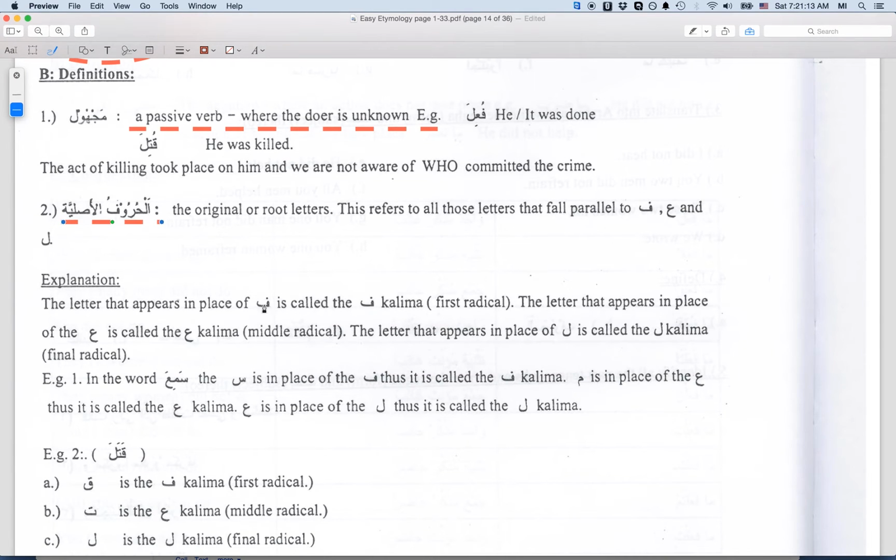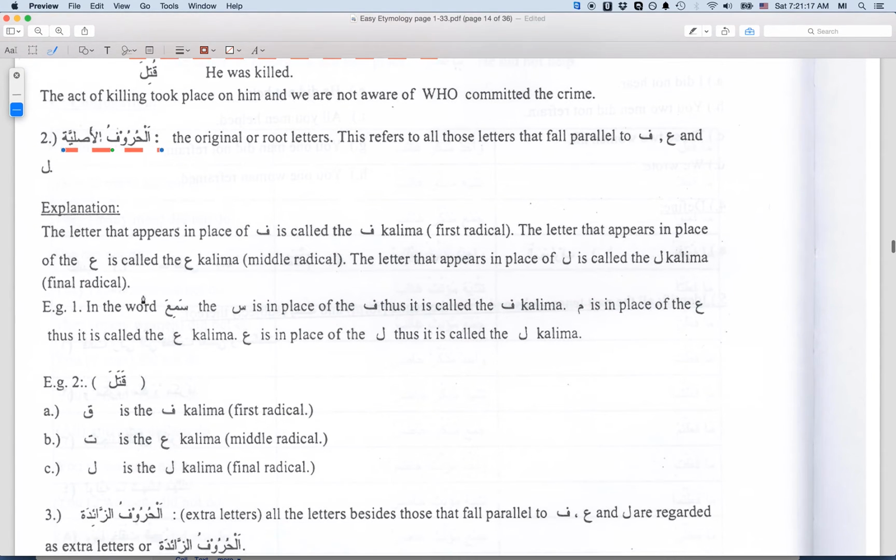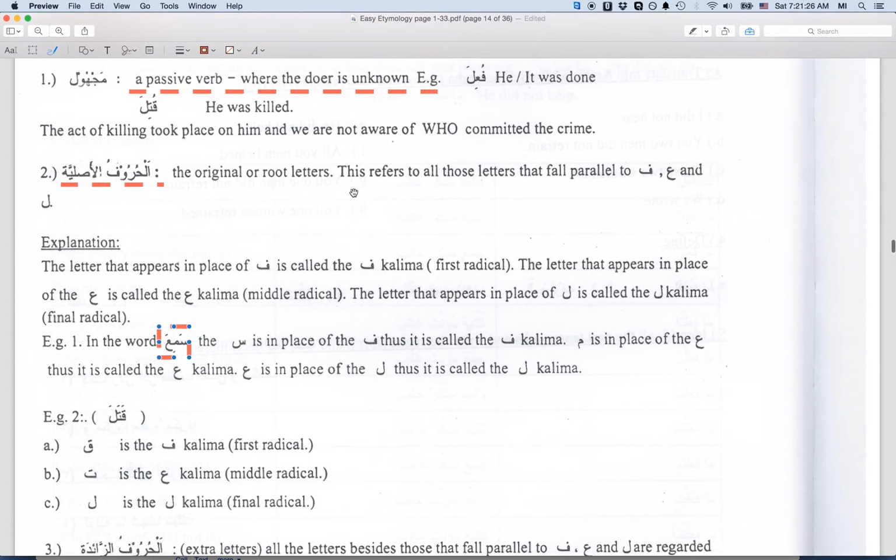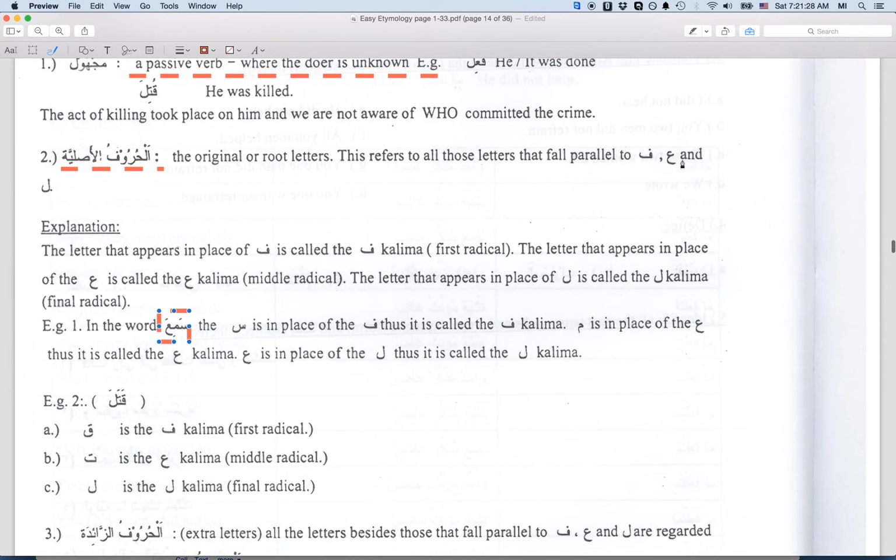Explanation: the letter that appears in a place of fa is called fa kalima, lam kalima, ain kalima. You know all of that. In sami'a, seen is the fa. We're always going to use fa'ala as a scale, like right here, fa, ain, and lam.